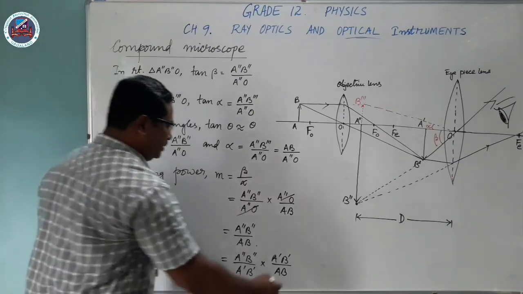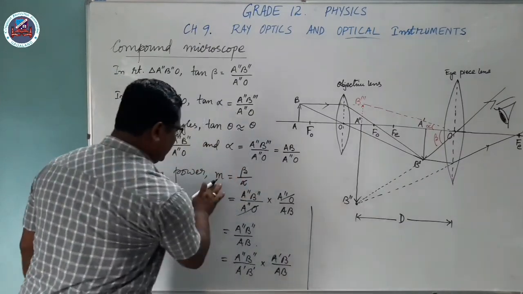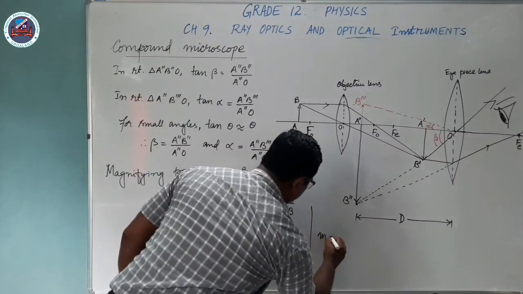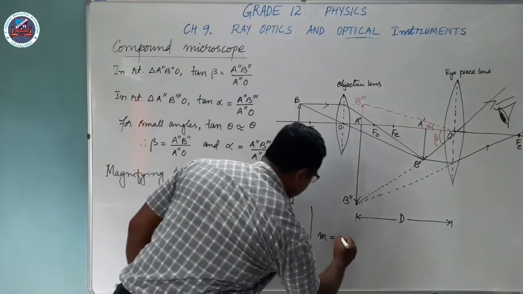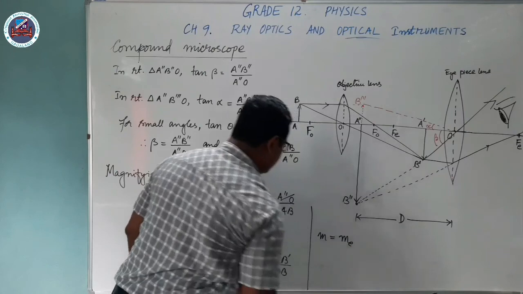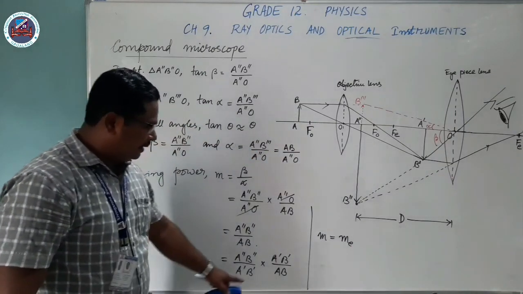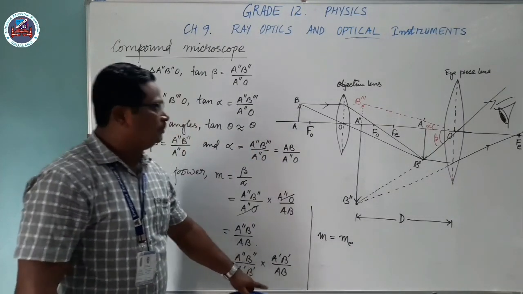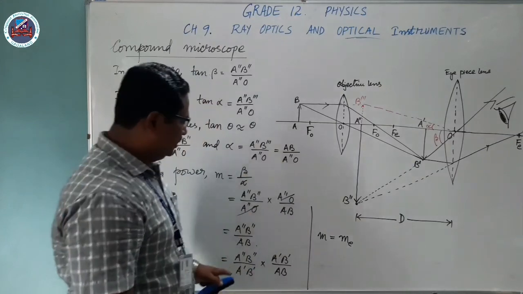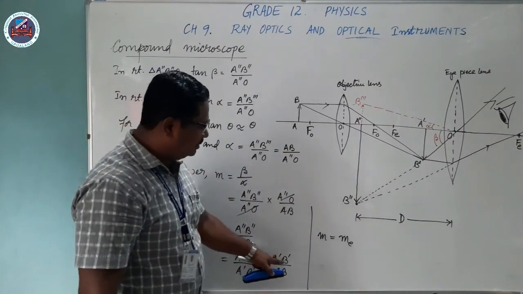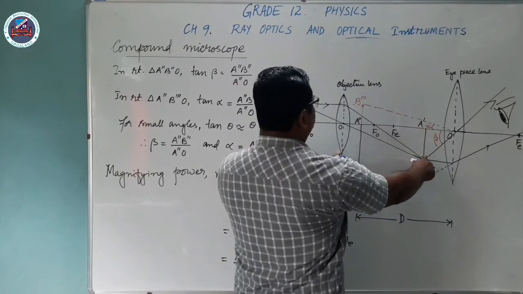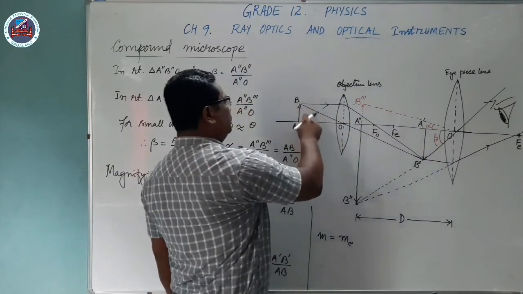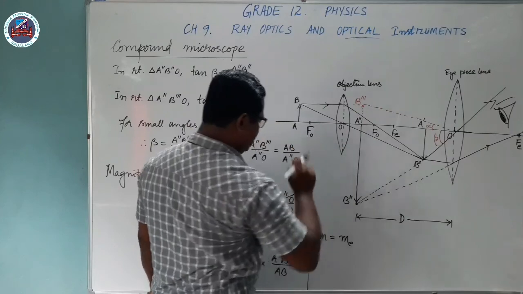Then what you will get is that the magnification produced by a compound microscope is equal to the magnification produced by the eyepiece lens and this is the magnification produced by the objective lens. Here, objective lens, how do we know? Because A'B' is the final image of the objective lens and AB is the object for the objective lens.